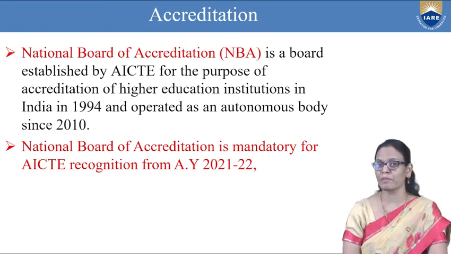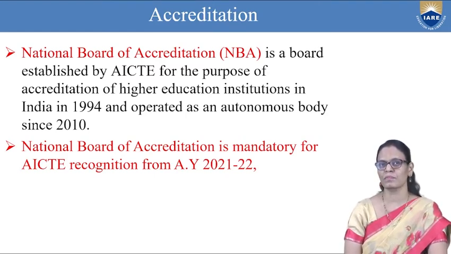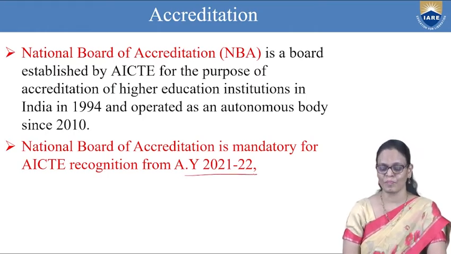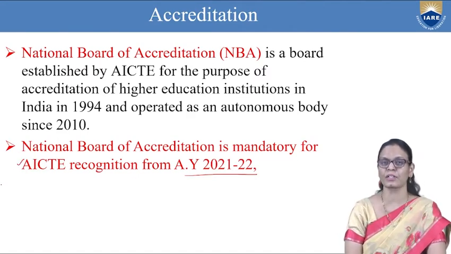And this NBA is mandatory for AICTE recognition from this year onwards, that is the academic year 2021-22. It means all colleges and institutes that want AICTE recognition have to go for NBA, the National Board of Accreditation. Only when they are accredited will they get the AICTE recognition.